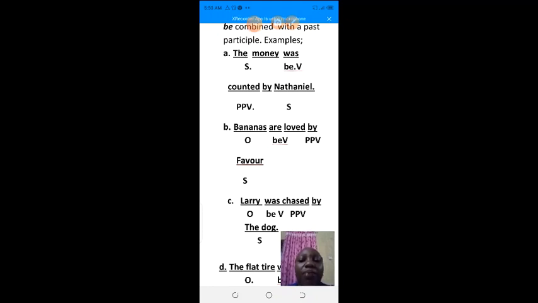Counted is the past participle of count. And then by Nathaniel. Nathaniel is the subject. Please pardon me, the money there is the object, it is not the subject. Was is a verb to be. Counted is a past participle verb, the action verb of count. And then Nathaniel is the subject.